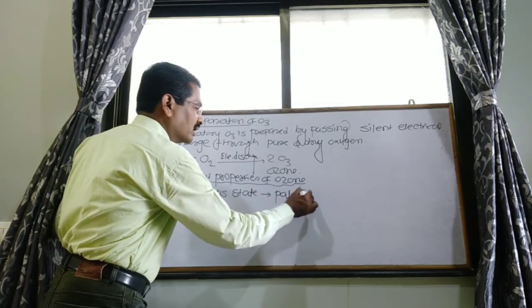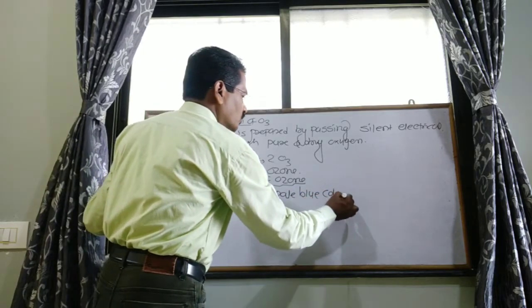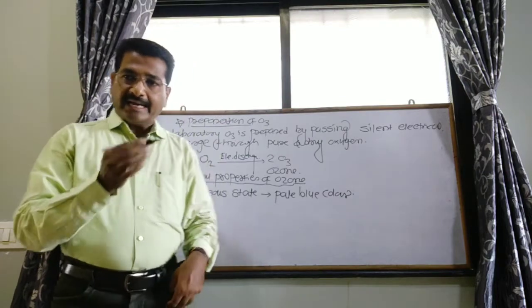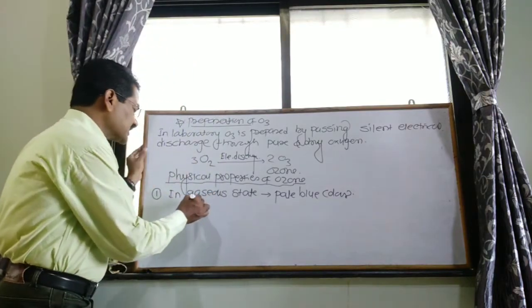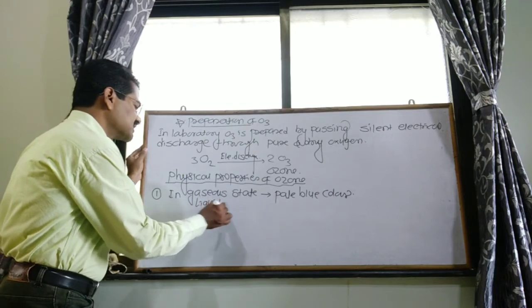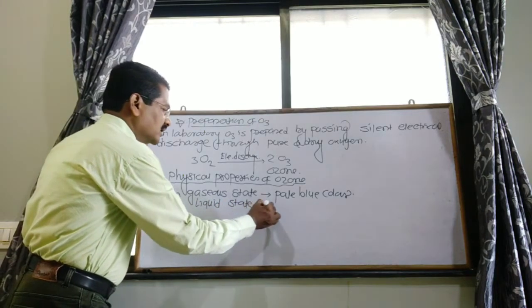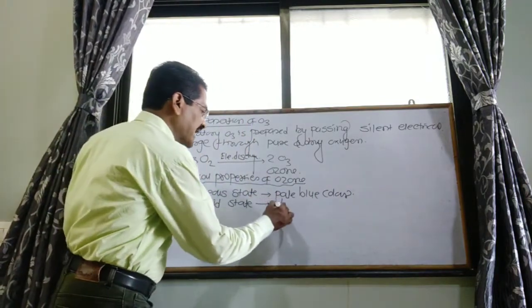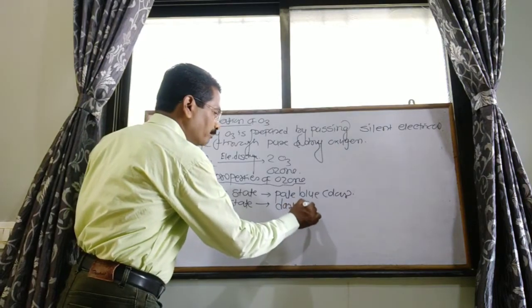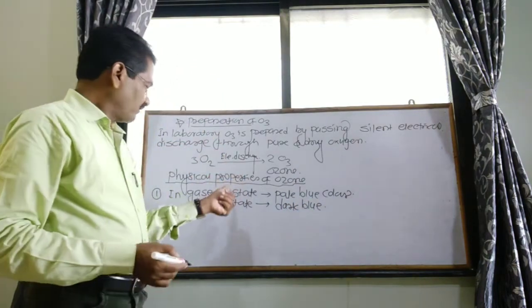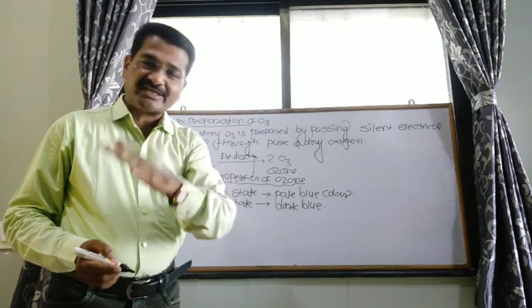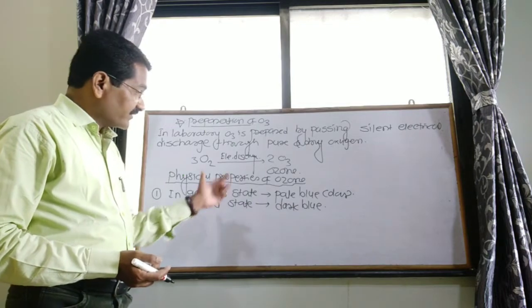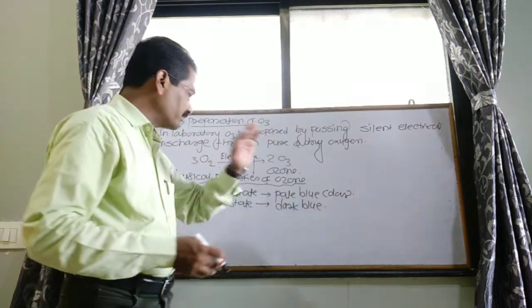But in the liquid state, ozone is dark blue in color. Whenever ozone is in the gaseous state, it is pale blue, but in the liquid state it is dark blue.